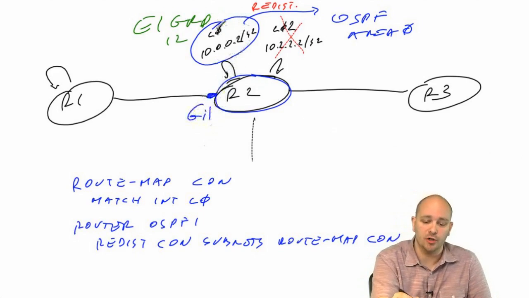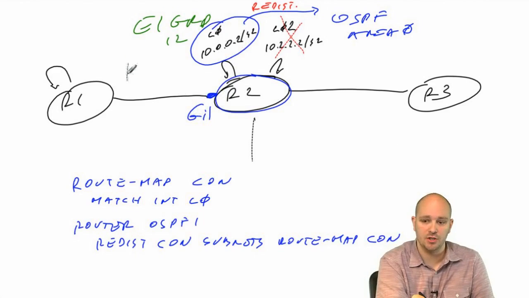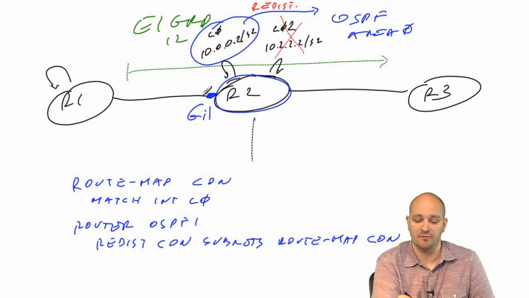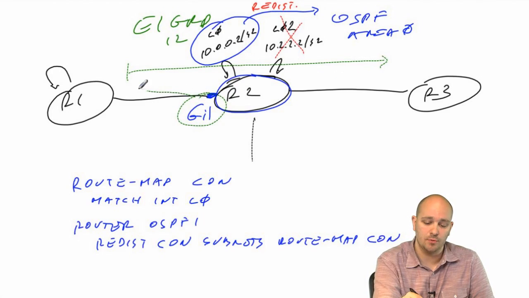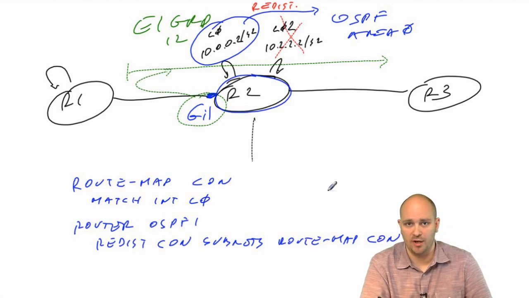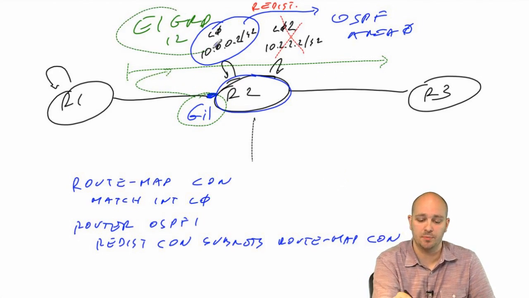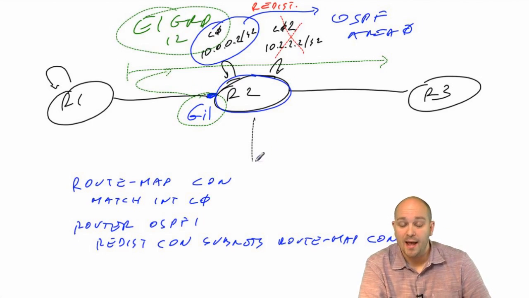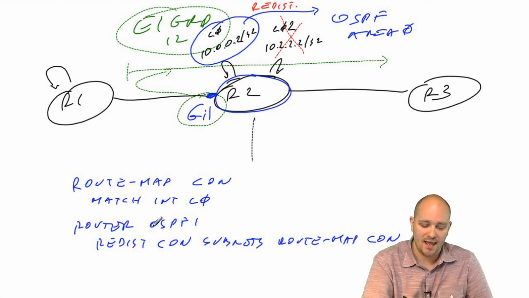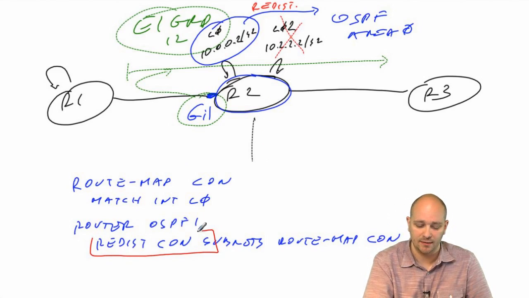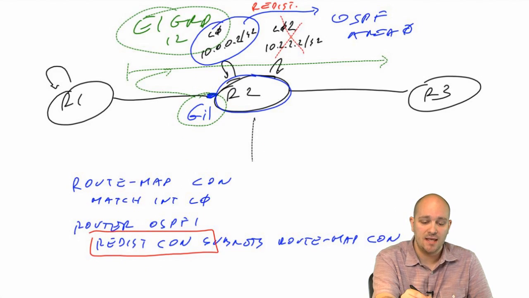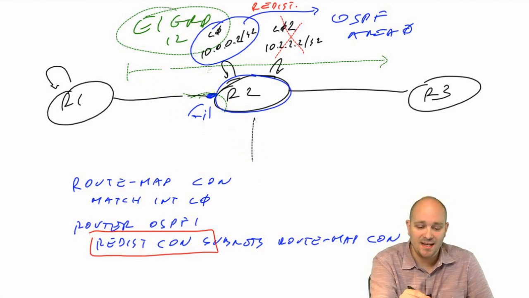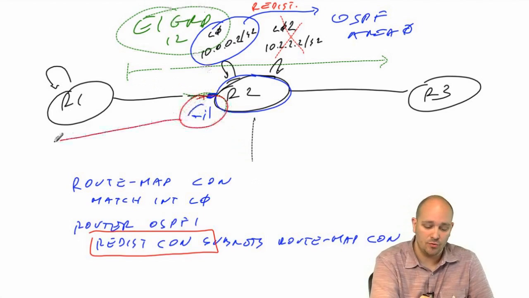Now, when I configured the redistribution from EIGRP into OSPF, this interface here was redistributed implicitly as the connected route because it was enabled for this particular source protocol. However, the moment I have issued the redistribute connected command for the OSPF process, this interface here is no longer considered as an EIGRP route for the purposes of redistribution and is now considered to be the redistribute connected.